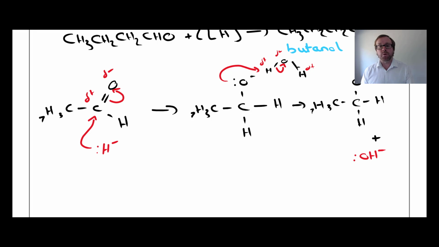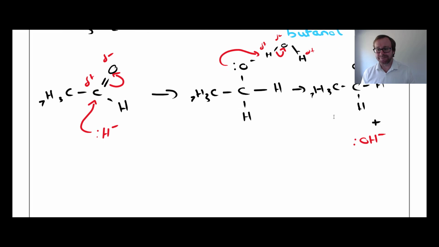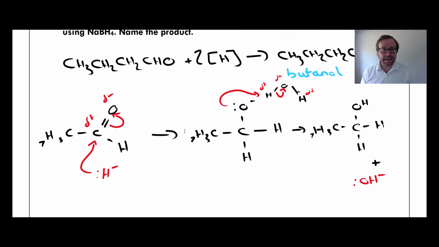to form our negatively charged O- atom, which will be protonated by water to produce our butanol. Don't forget your OH. As you can see here, I didn't write all of this out because you don't need to. The bit you're looking at is the end of the chain, the aldehyde group, the carbonyl group.